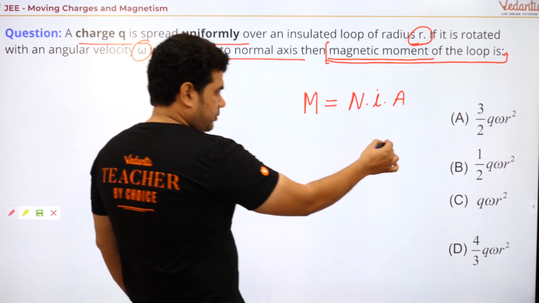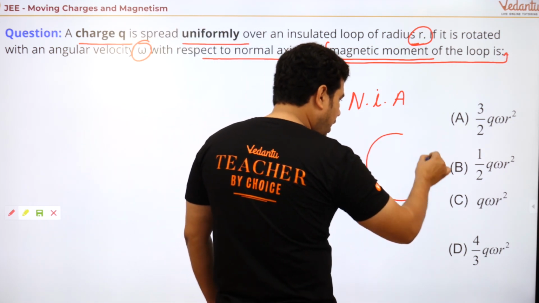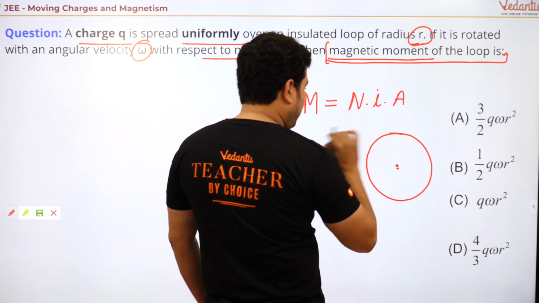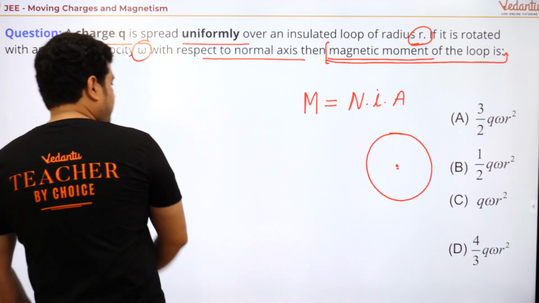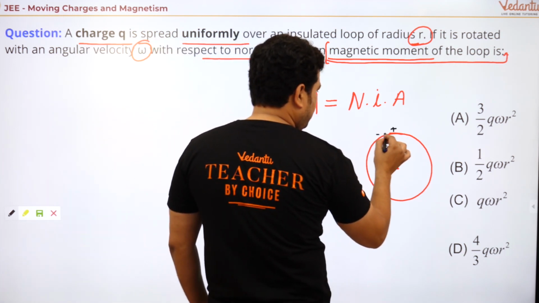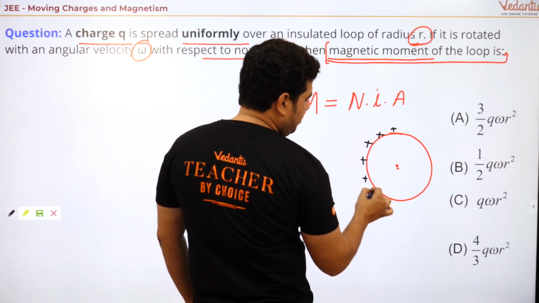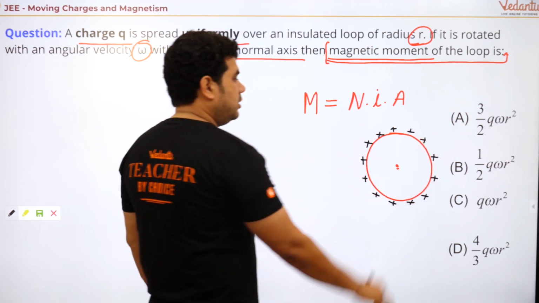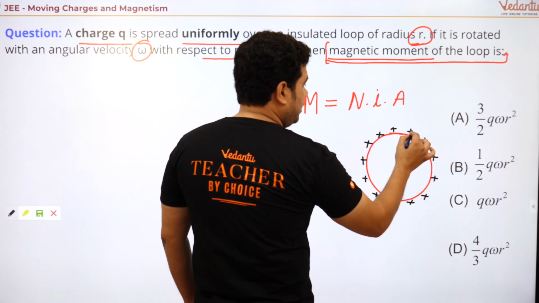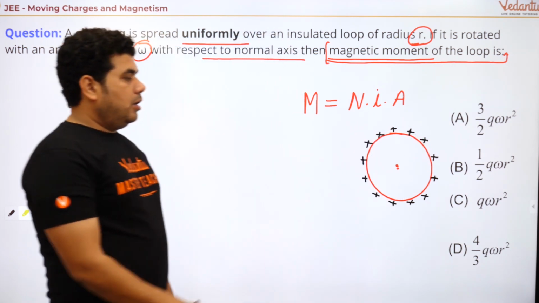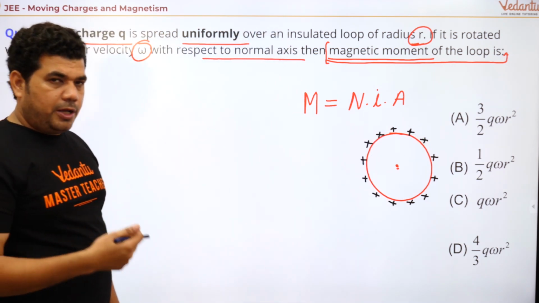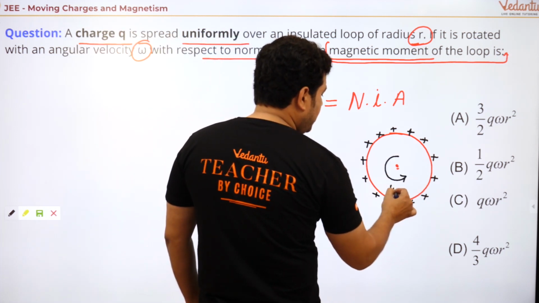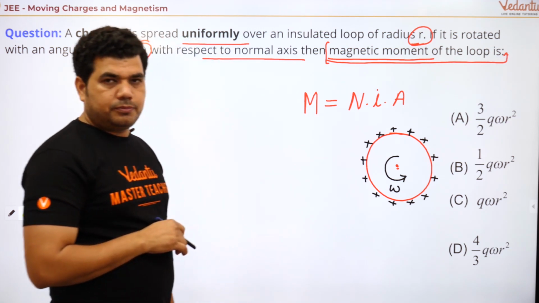So here there is a loop and this is the center and some positive charge is spread over here like this, and this charge is spread uniformly as the question says. This charge is spread on this insulated ring uniformly and it is rotated about its axis with angular velocity omega.